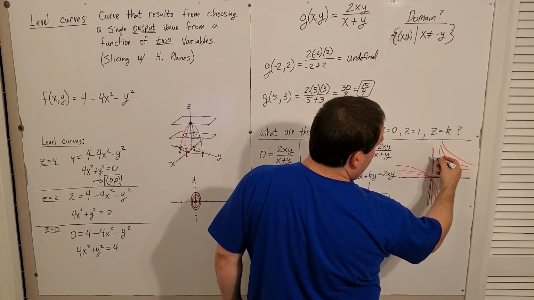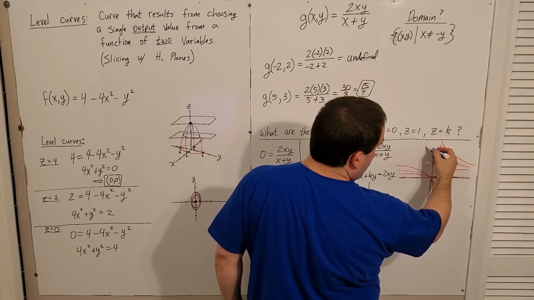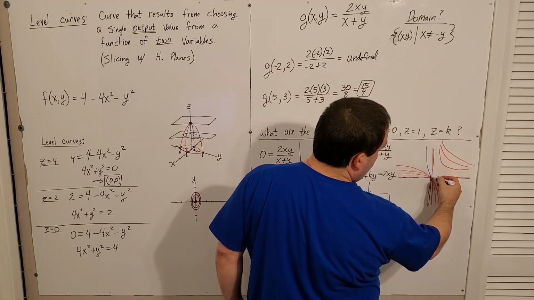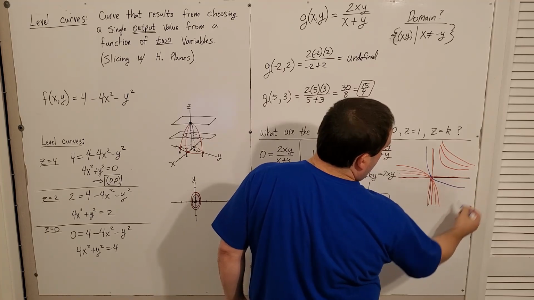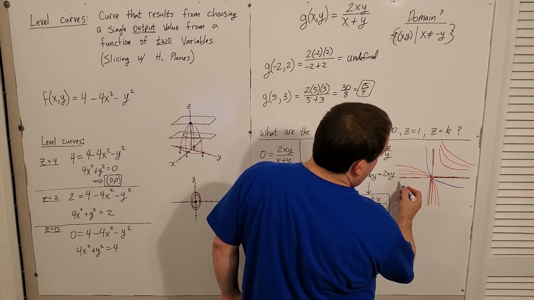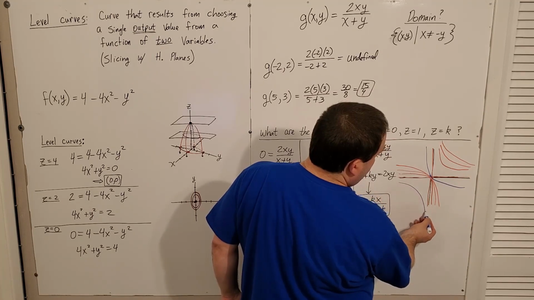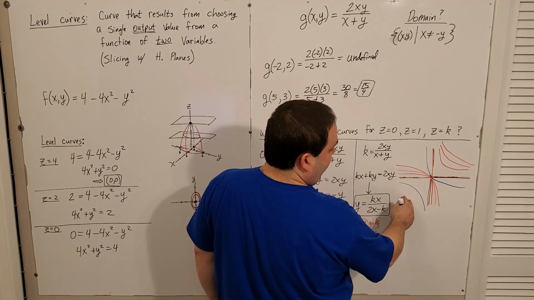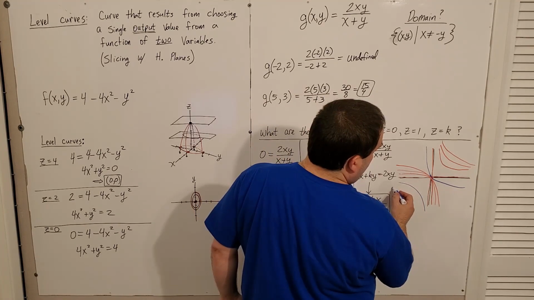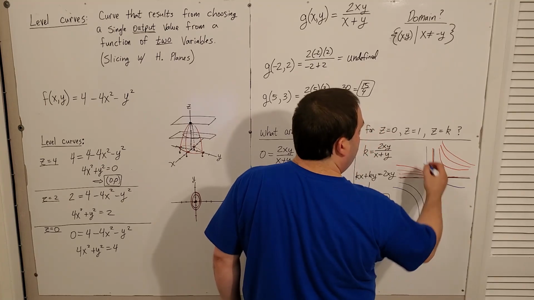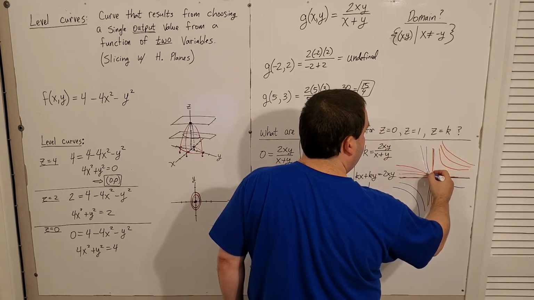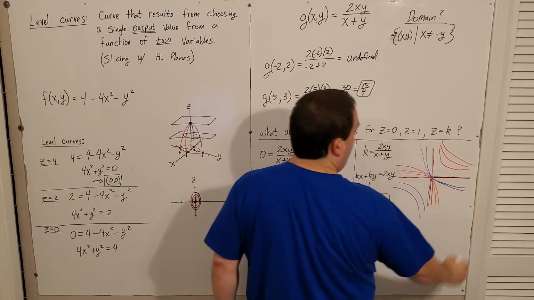We end up with the hyperbola doing this instead. Here and here. And then if it moves further out, I'll get another one over here and another one right here. Right? Like that.